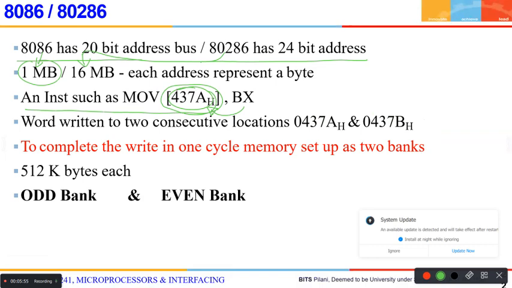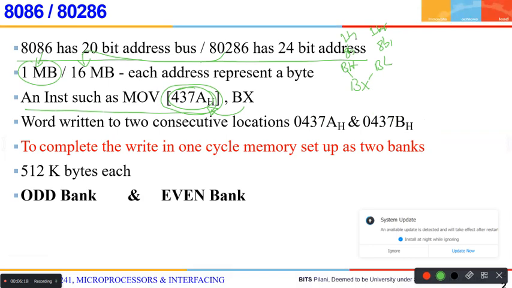Your BX register has BH and BL. This is 8-bit, this is another 8-bit, that means 1 byte each. Can one location store the entire 16 bits? No, one location cannot store it.